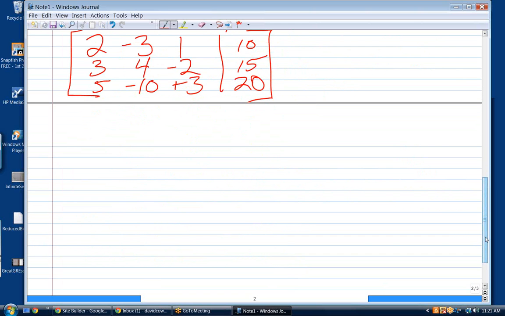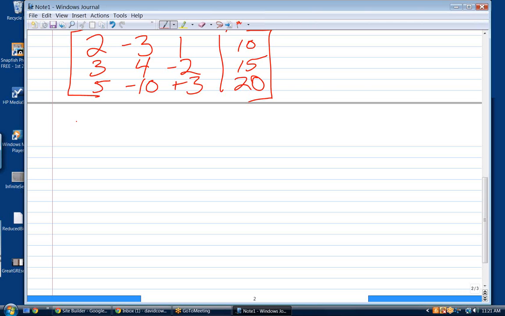This is called an augmented matrix, where I only use the coefficients. I don't list the variables. The first column is the x coefficients, the second column is the y, the third column is the z, and the fourth column is the number.